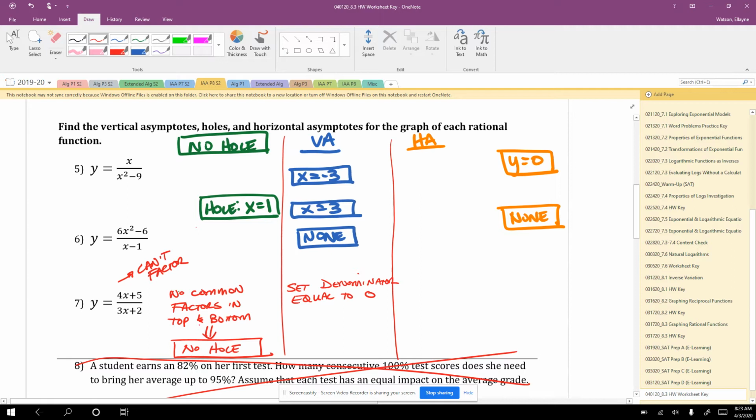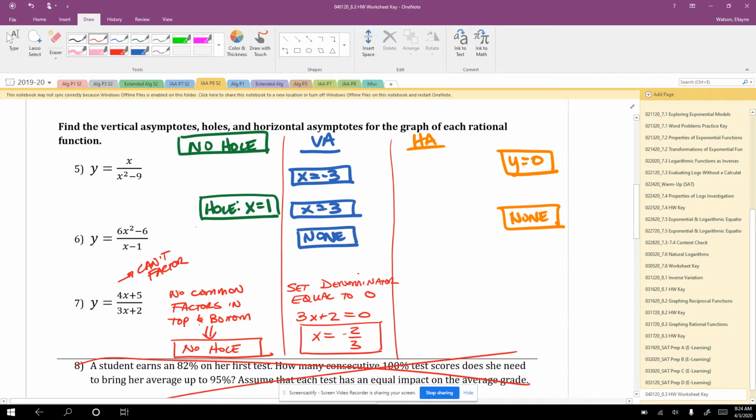That's why I always want you to start with the hole first, because if it is a common factor, then it's a hole, and once it's a hole, it's no longer a vertical asymptote. Since there were no common factors, we just set the denominator, 3x plus 2, equal to 0 and solve for x. So x is negative 2 over 3. That's where your vertical asymptote is.